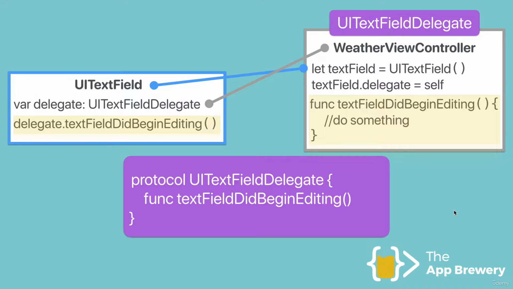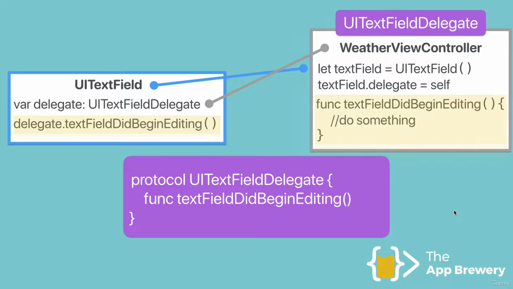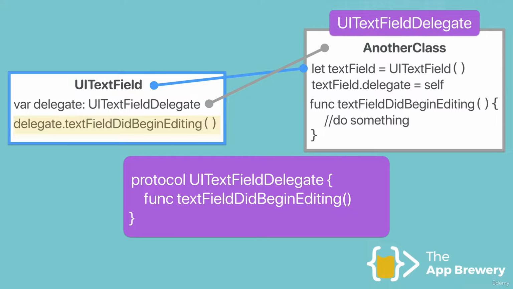So now, through the power of protocols and the delegate pattern, we're able to switch out our weather view controller with any other class, and it would work just as well, as long as we're abiding by all the rules and adopting the UI text field delegate, implementing the required methods. We can always get notified when the text field did begin editing.